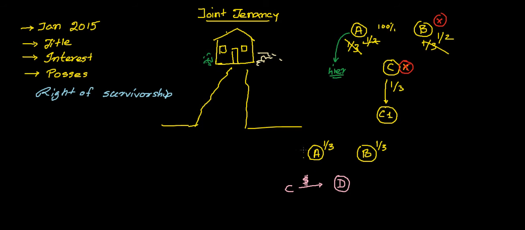But D's is going to be, so the partnership between A, B and D will be that A and B will be in joint tenancy, whereas the partnership with D is going to be tenancy in common.